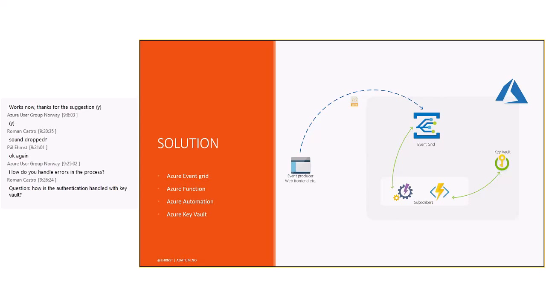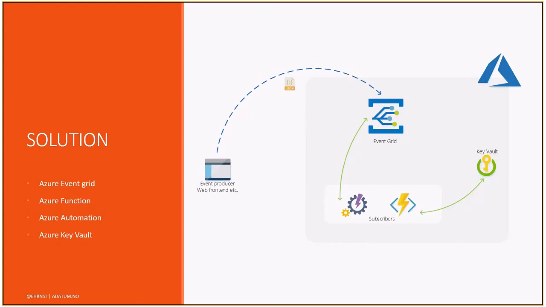Event Grid has that capability to just spoke out to multiple subscribers for the same event. So it makes it easy to either hook up another business process to the same event, or to alter and change the code for one subscriber at a time.